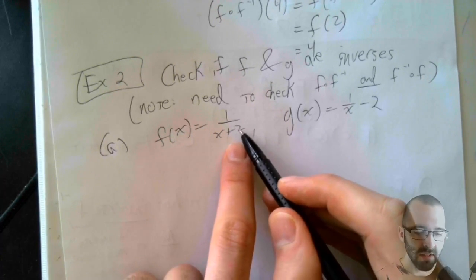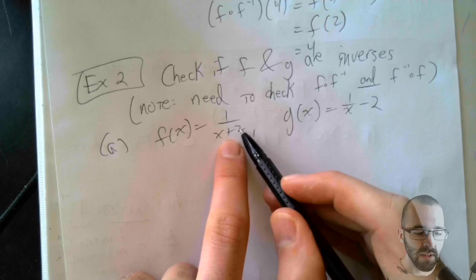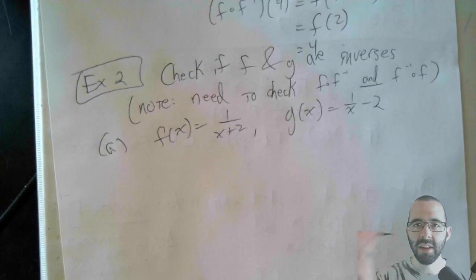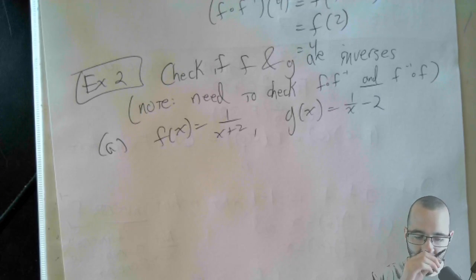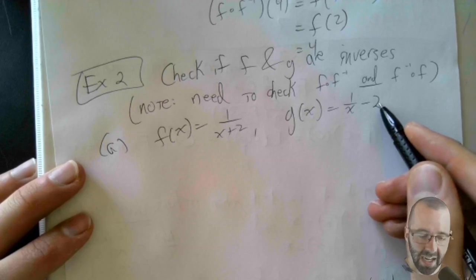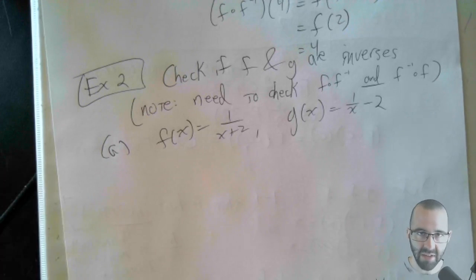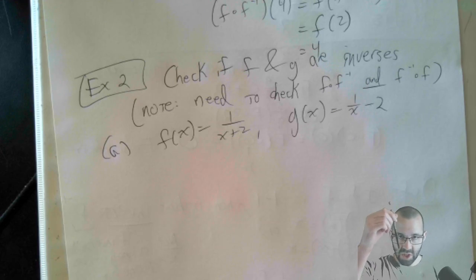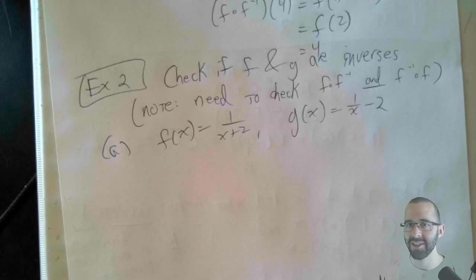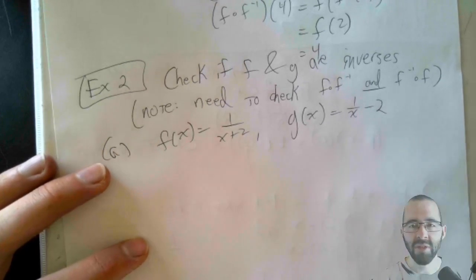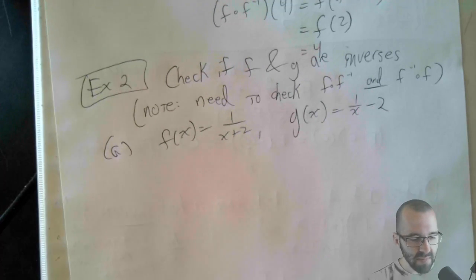It's in the fraction. If we have a plus 2 on the inside of a function, remember that moves it to the left 2 units. Over here, we also have a reciprocal function with a minus 2 outside of the function. Outside of the function means vertical stuff. Minus 2 means g is going down 2. Okay, so just a little bit of review. Reciprocal function left 2, reciprocal function down 2. And we're going to see if they're inverse functions.